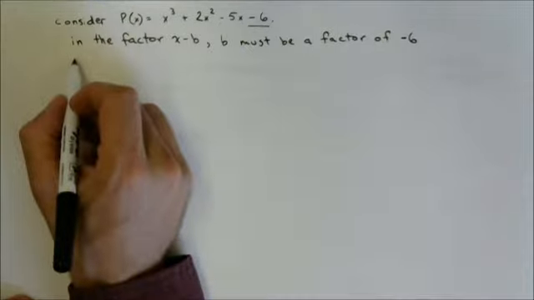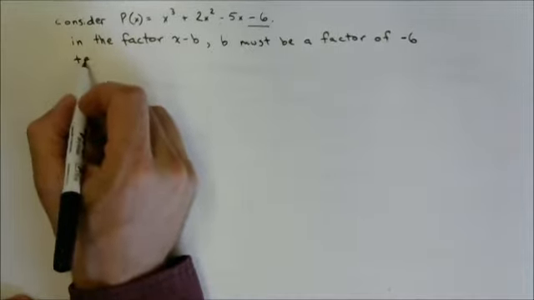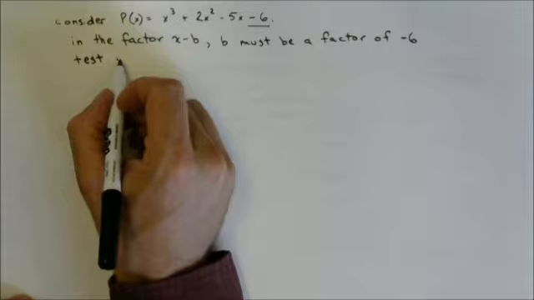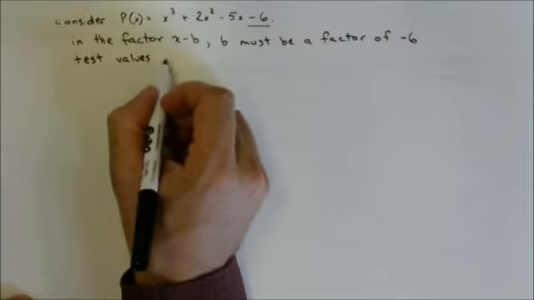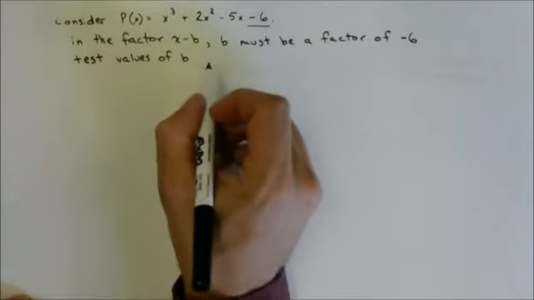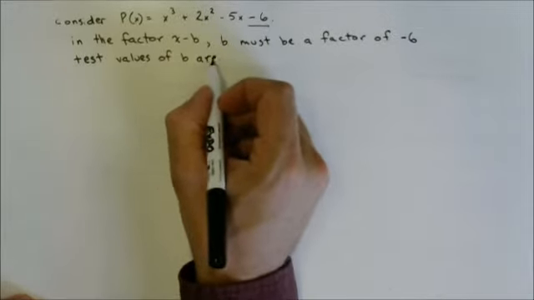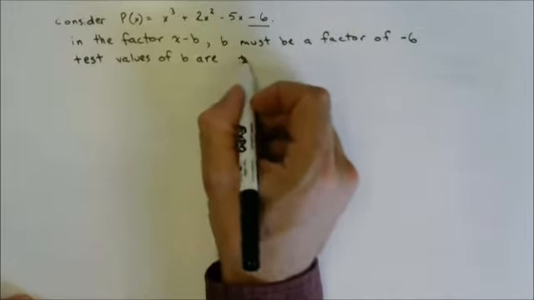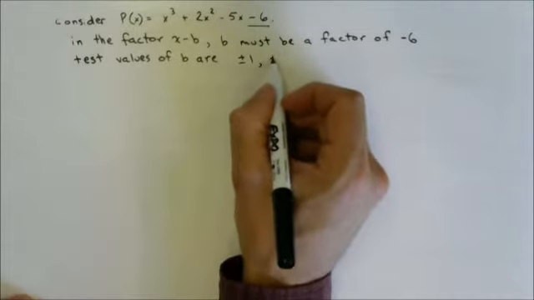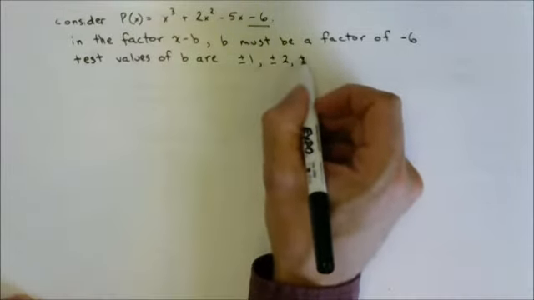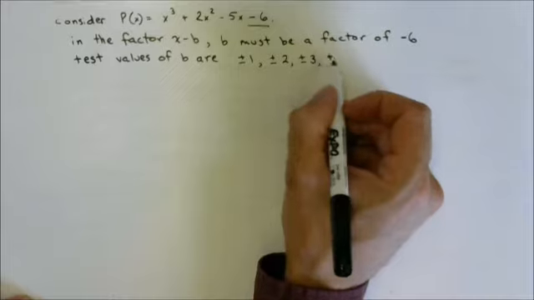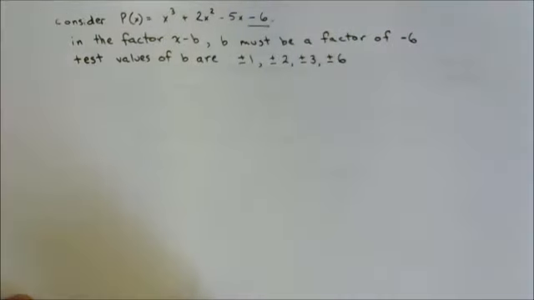So the test values of b are plus or minus 1, plus or minus 2, plus or minus 3, plus or minus 6. Those are the only things that it can be. Okay?